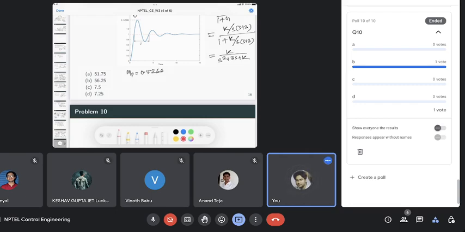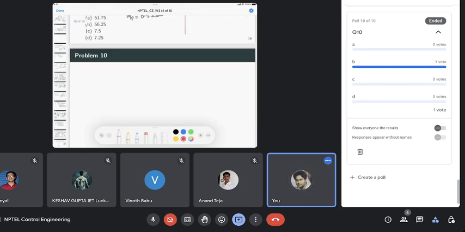by square root of pi square plus ln times 0.5266 square, right. I'm just using this formula. I'm again writing that here. This is equal to minus ln Mp by square root of pi square plus ln square Mp.